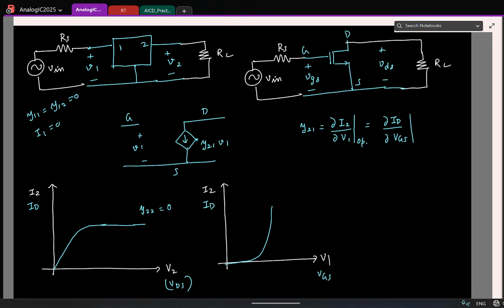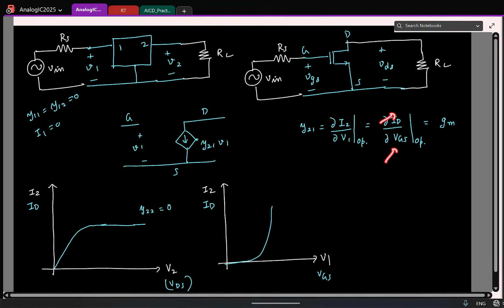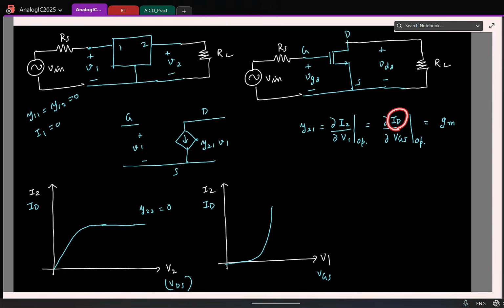VGS, evaluated at the operating point. And for transistors, we call this the transconductance, gm. Conductance because it's current by voltage, trans because you are looking at current in one port and how it varies with voltage in another port.